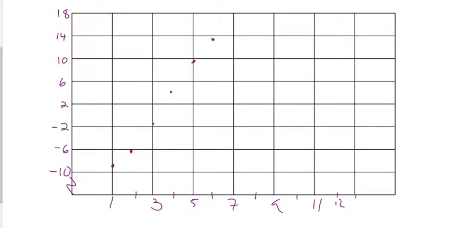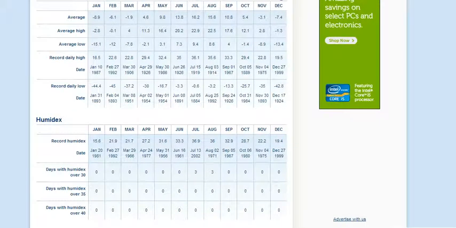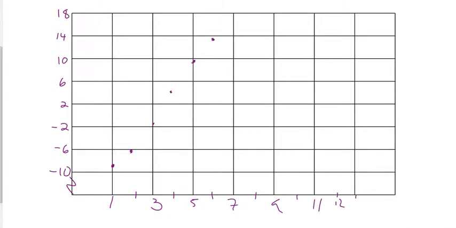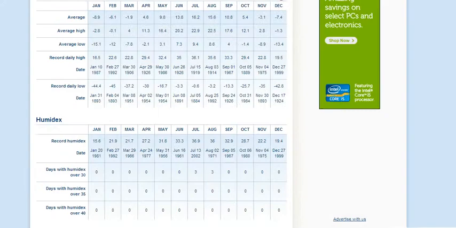Whoops. So grab a few numbers and 16.2, 15.6, 10.8, 5.4.